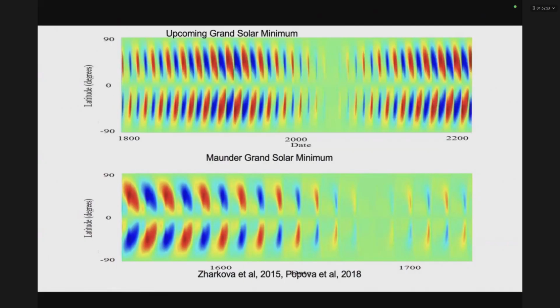And this is the butterfly diagram for the current cycle. So we are here, we see that cycle 25 still produces some sunspots. This is cycle 26, which doesn't produce much. This is where we will see a lot of decrease. And this is cycle 27, when the activity will be restored and come back to normal for the next grand solar cycle.